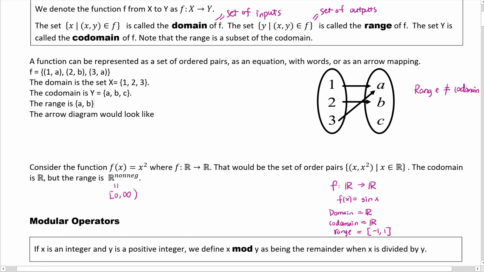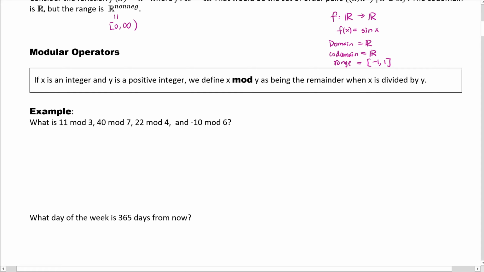Okay, next, modular operators. If x is an integer and y is a positive integer, we can define x mod y as being the remainder when x is divided by y. Okay, for example, what is the following? 11 mod 3, so 11 divided by 3. 3 times 3 is 9.